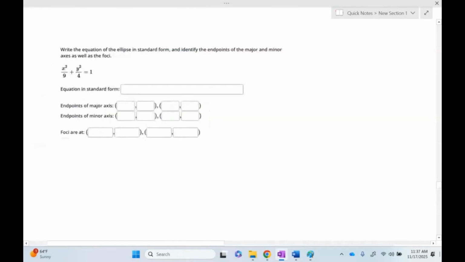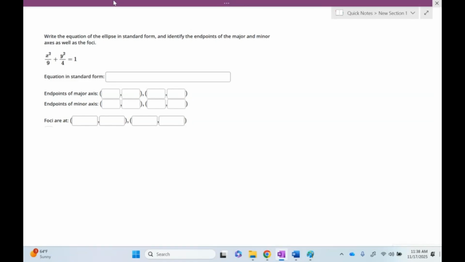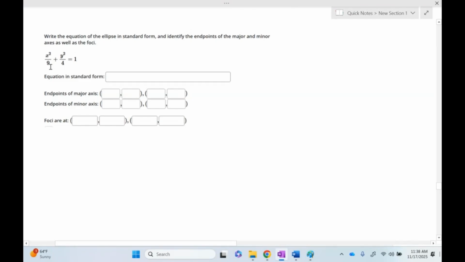All right, now here is one where we're given the model form, but we have to pull out the equation in standard form, and we want to pull out the axis points and the foci. So first off, we're going to put this in standard form. Standard form means that your equation has to be set equal to 1, and your denominators must be written in a squared format.